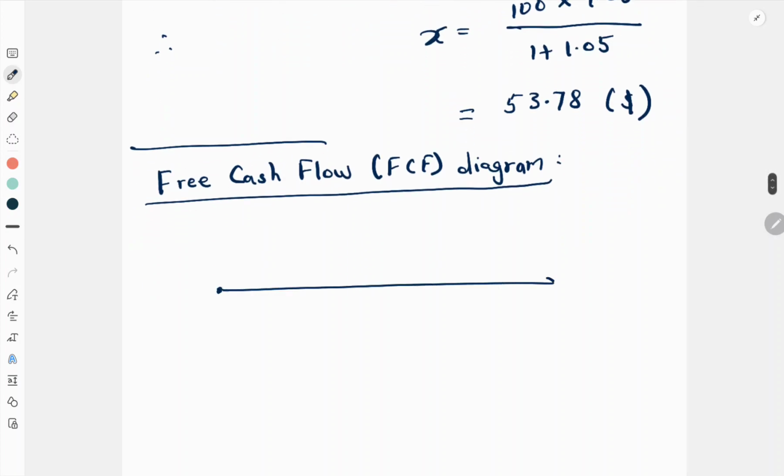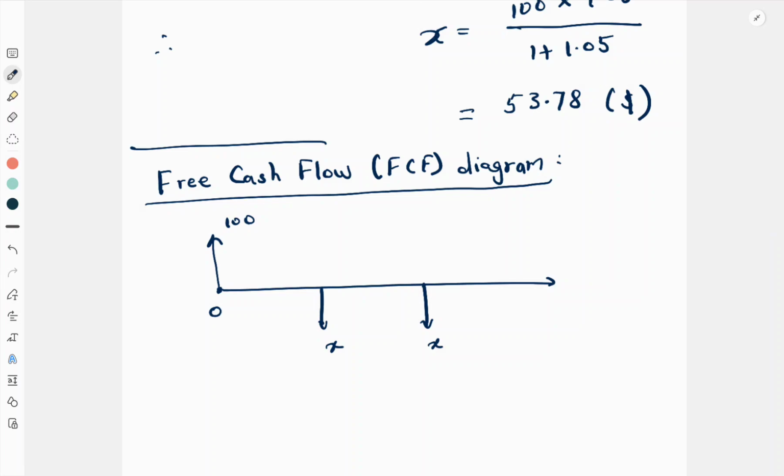So it starts with a 0. It goes in one direction here. At time 0, I'm going to take a loan for $100. At the end of first year, I'm going to make a payment of X dollars. End of second year, I'm going to make a payment of X dollars. I'm dropping the dollar symbol as mentioned, just so that it does not become unnecessarily crowded.